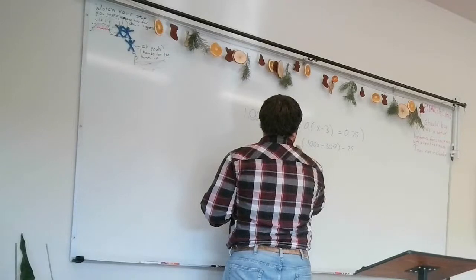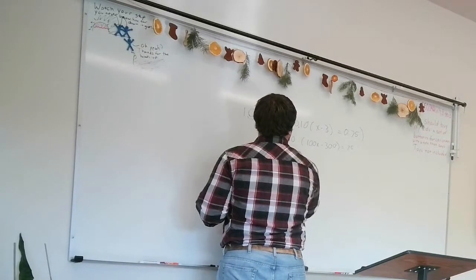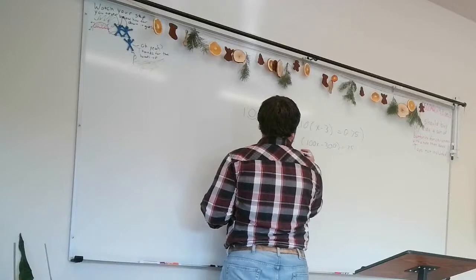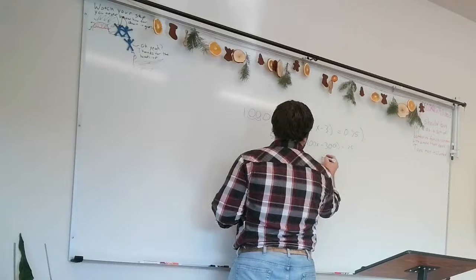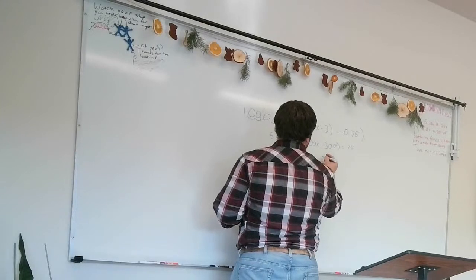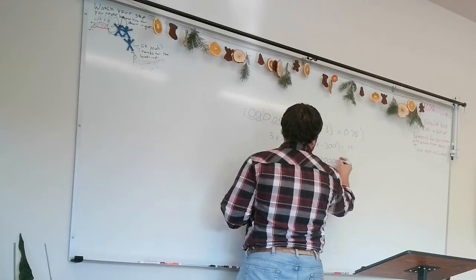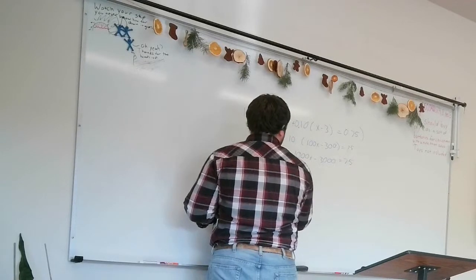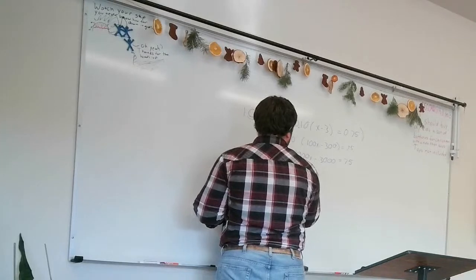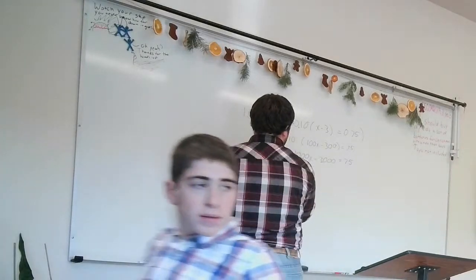So I did add on. 5x minus 1,000x equals... minus 3,000 equals 75. Alright, and then so now we have, oh my god, it's not minus, Mr. Ken, it's plus.